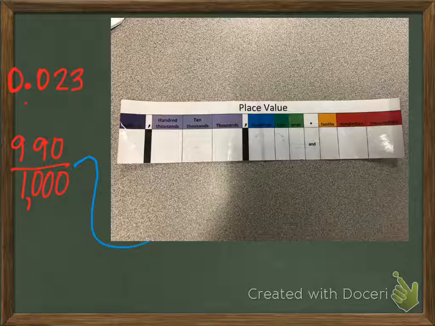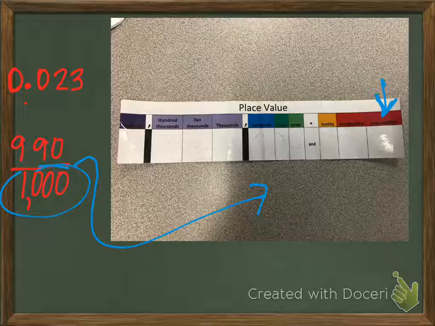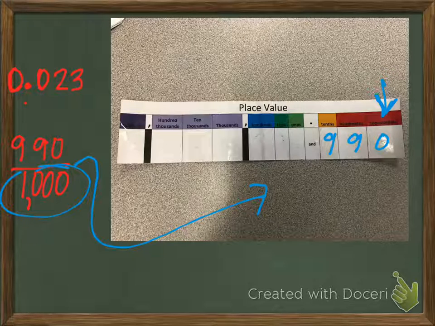Now this second one, if I want to make it into a fraction, I know it's going to end in the thousandth spot because it's over 1,000. And I have 990 on top. So I can just go ahead and fill that in here. 990 thousandths.